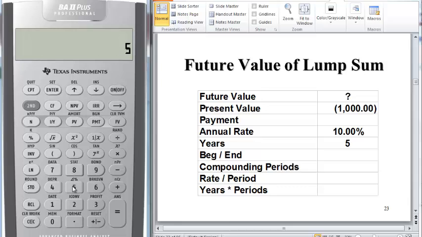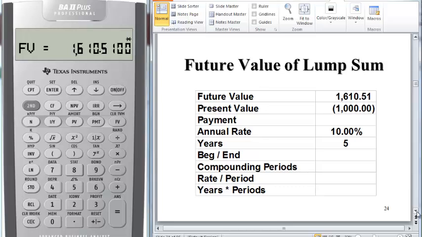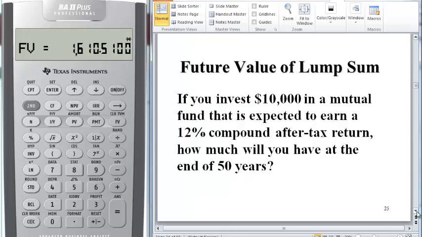And this is happening over 5 years, so 5 is my N. I want to know the future value, so I'm going to compute for future value, and what do I get? We've already worked this problem, so we know the answer. It's $1,610.51.